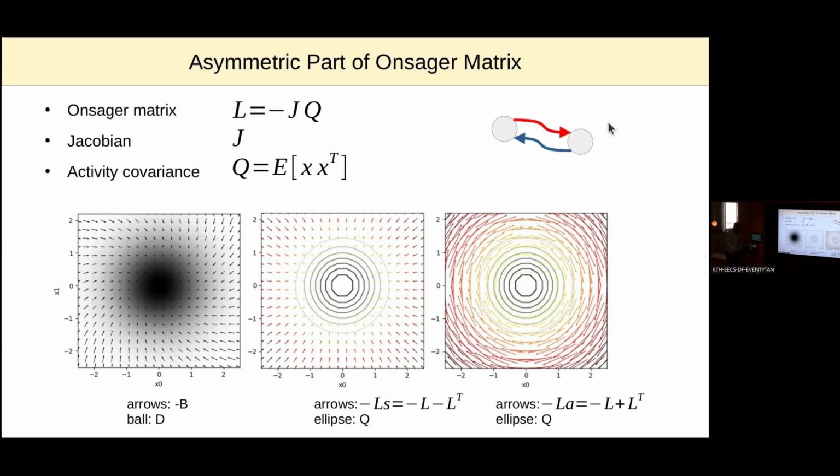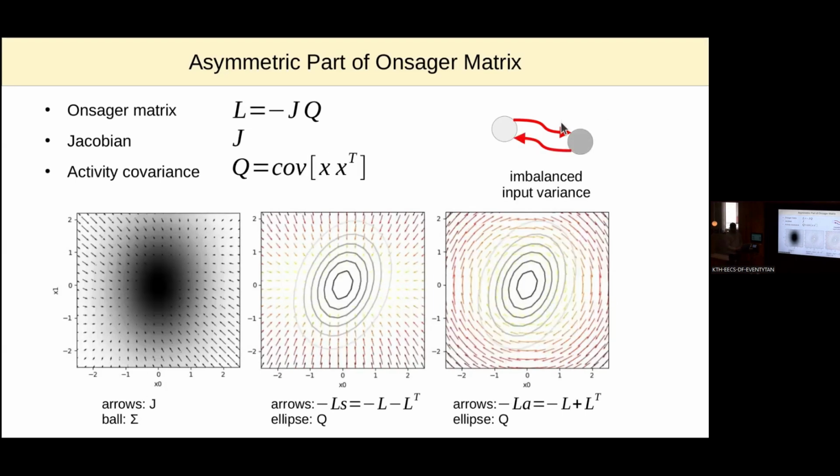Okay. But what's not so trivial is that when you have stronger variance for one input compared to the other, even if you have the same interaction between them, you will get this rotational invariance. So somehow what this describes is simply that, which is maybe a bit trivial, but the cool thing is that it's quantifiable: when this node receives stronger input, it's going to drive the other one, and you're going to have this rotation in the network.